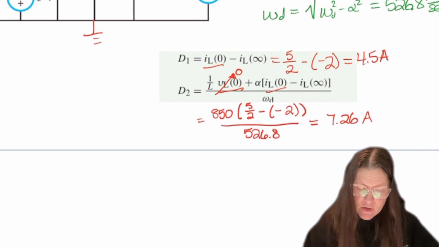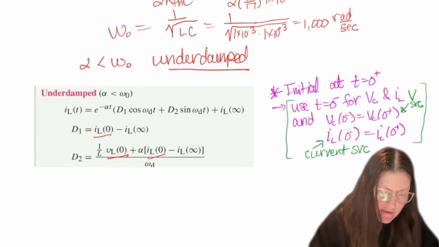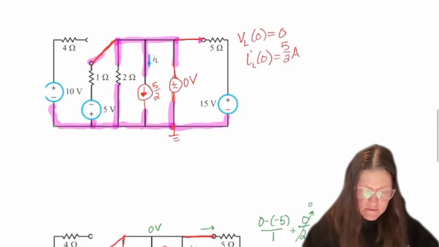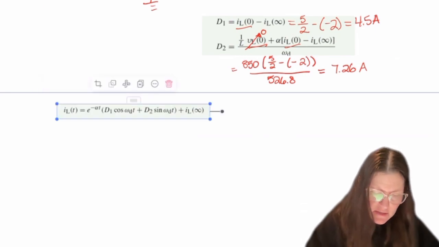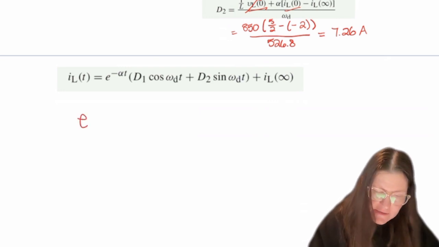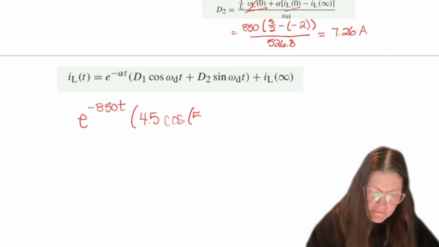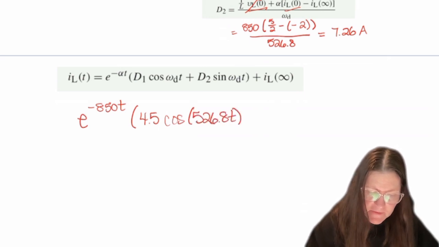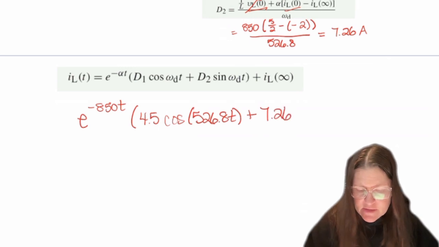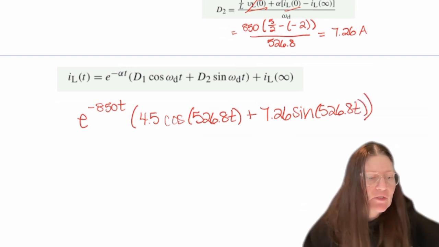And then the final equation for IL is going to be e to the minus alpha, which is 850t, and then D1, which is 4.5 cosine 526.8t plus 7.26 sine 526.8t, and then plus or minus 2.